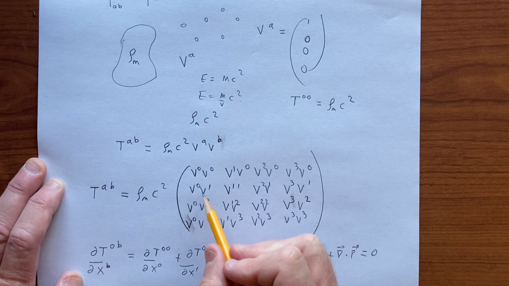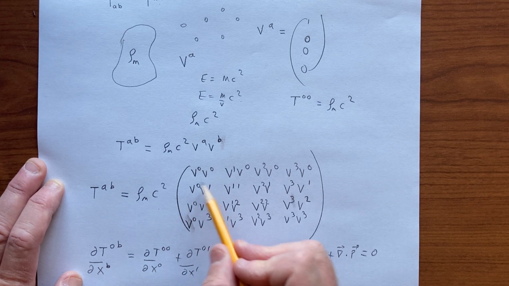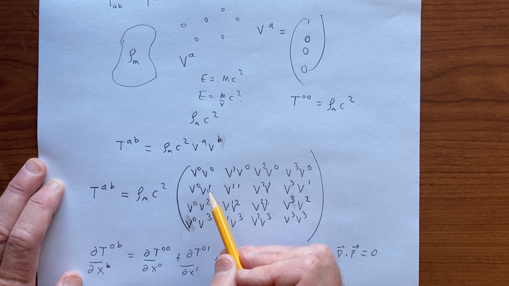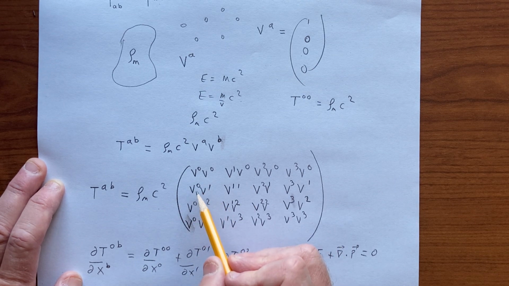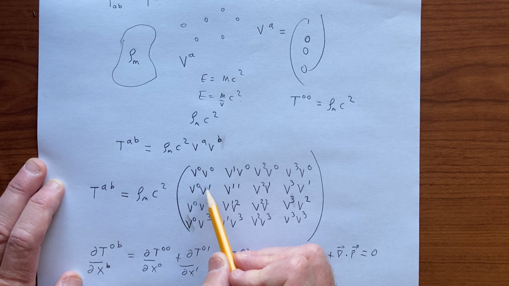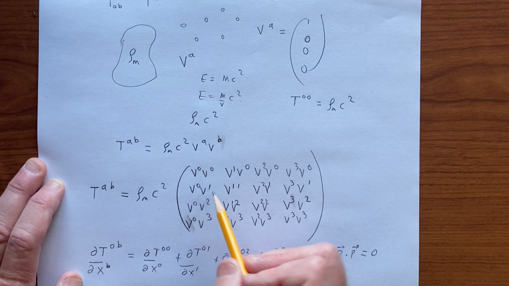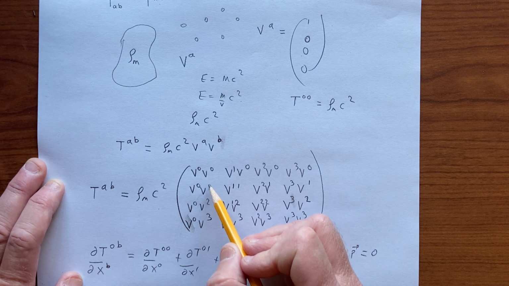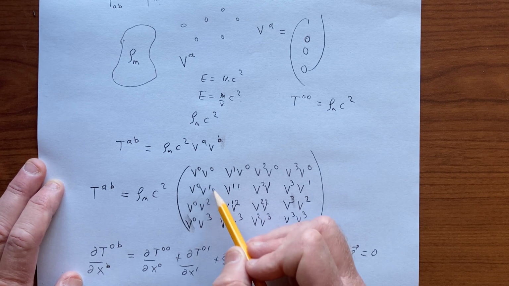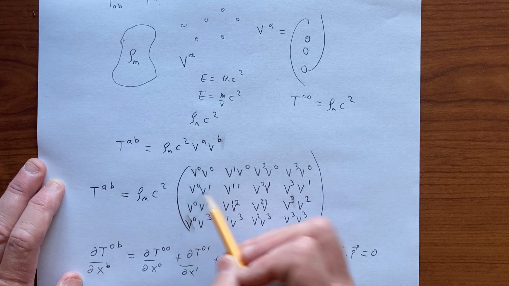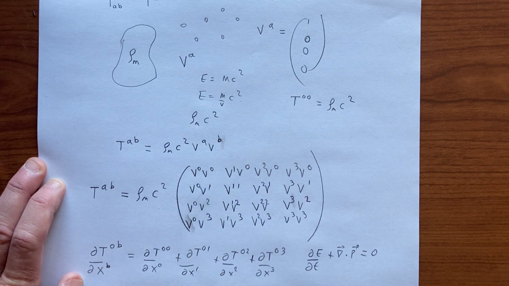And we can then look at these other rows and see that the time derivative of the first term, right, there's a gamma factor here, and there's a velocity in the one direction, velocity in the x direction. So we have dv_x by dt, and this looks like the time derivative of the momentum, right, because we have mass here.